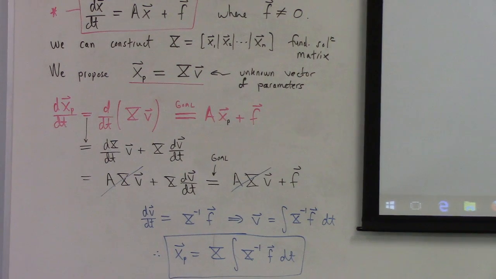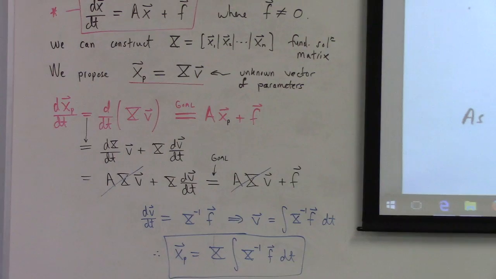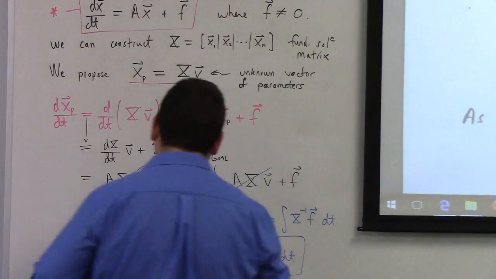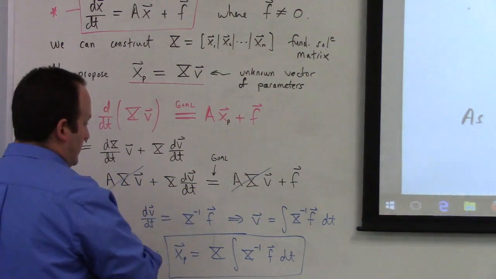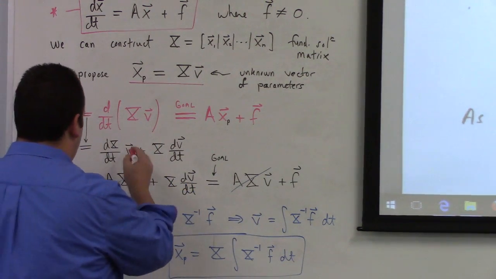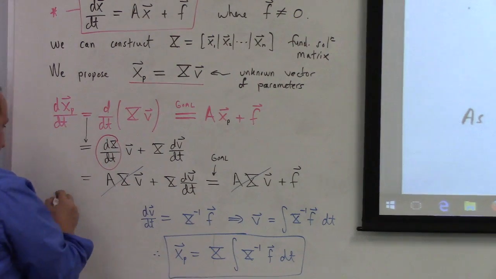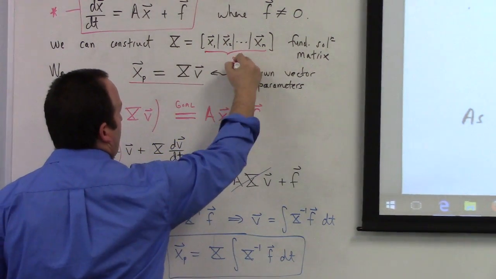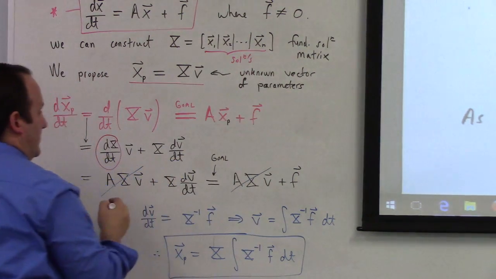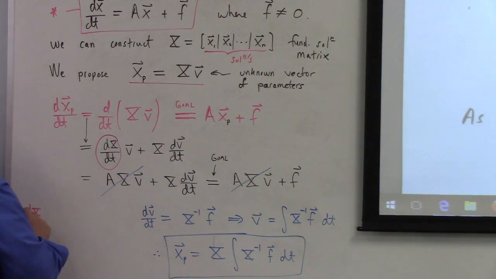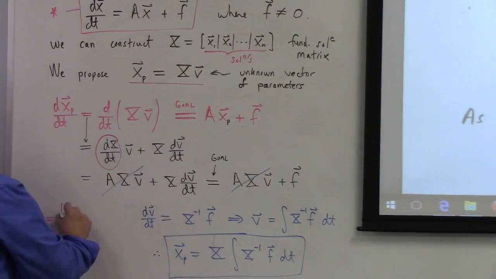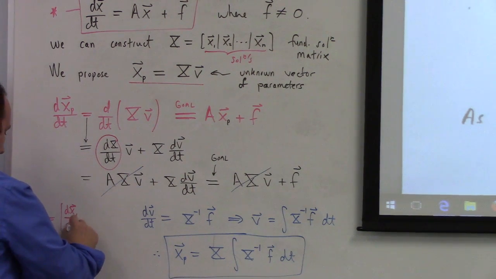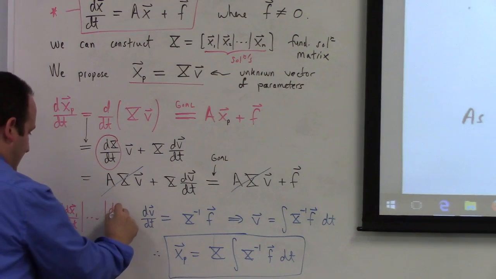Could you explain on that second black line at the bottom where the A came from? Sure. The A here, right here. X is a solution matrix. So these are solutions. And remember what it means: dx/dt is equal to dx1/dt through dxn/dt, right?